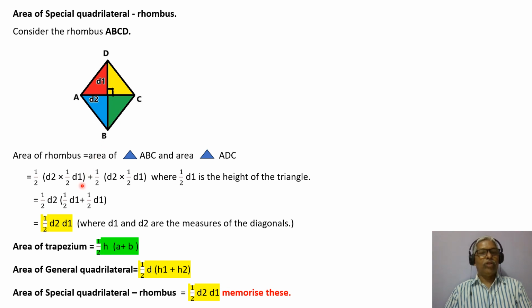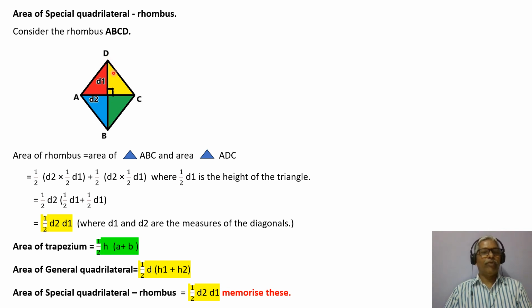Okay. Now, very interesting. See this area of ABC. This is base d2, and this diagonal is divided into two. That is, this is half of d1, and this is another half of d1, which is divided by this diagonal. Okay, so this much is half d1 and this much is again half d1.